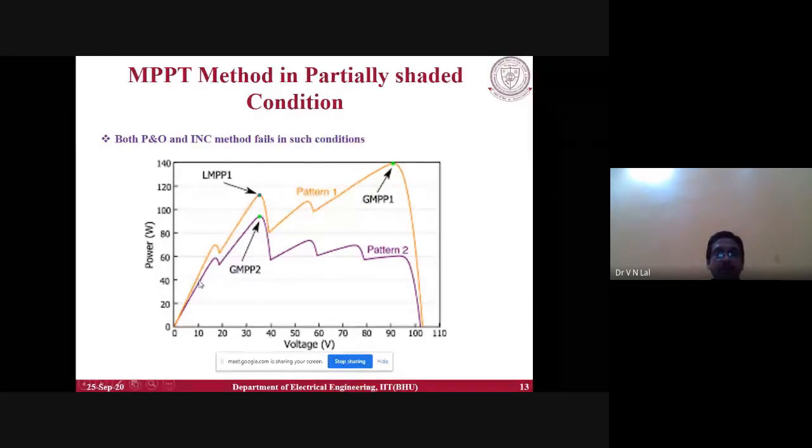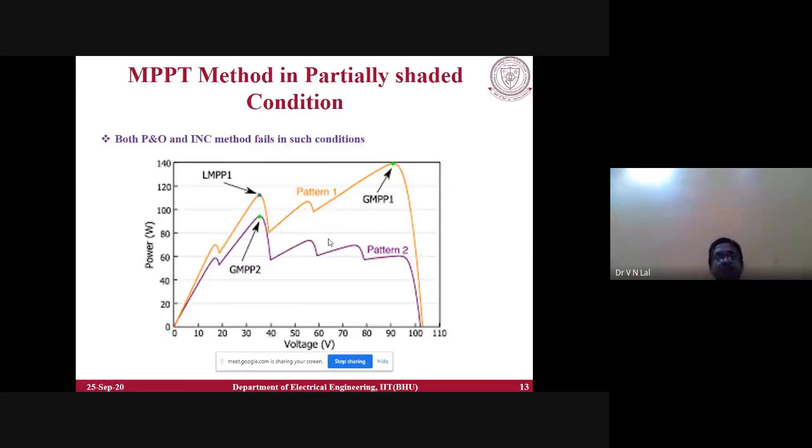In both patterns, it will reach these two local points and stick. It will not be able to search this point or this point. Suppose the initial point is here, it will stick to this point and will not reach this point. So both P&O and INC methods will fail in such a condition.